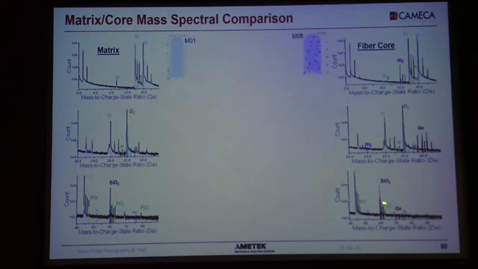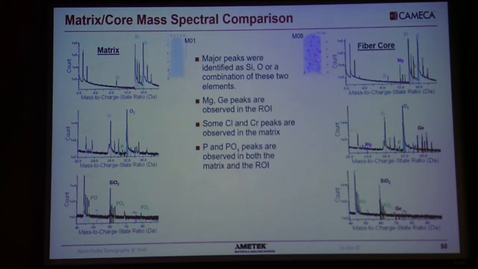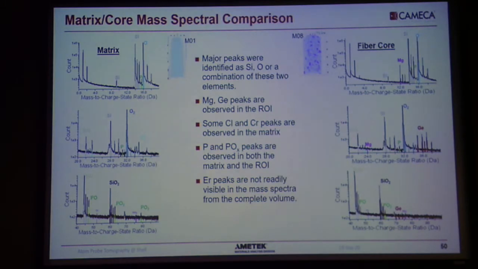We still do have the phosphorus oxide, but we still are lacking the erbium. Okay, I remind you that what we are after here for the information is what is not trivial. We are looking for the erbium, and the erbium right now is still not visible. So we need to apply better processing of our data to be able to find it, because it's there.